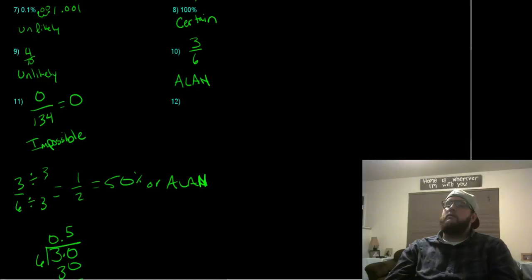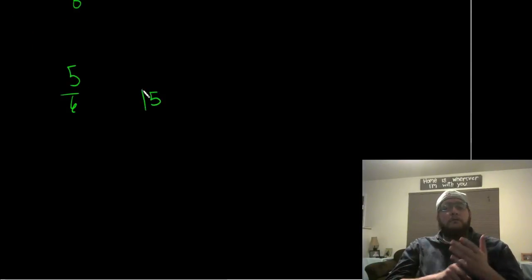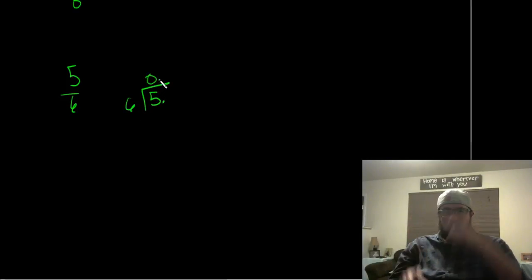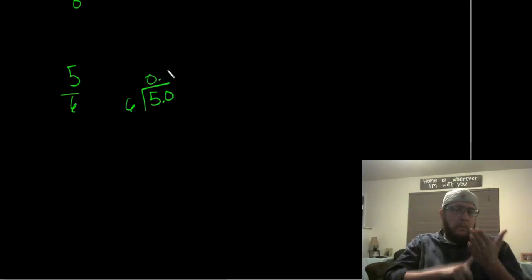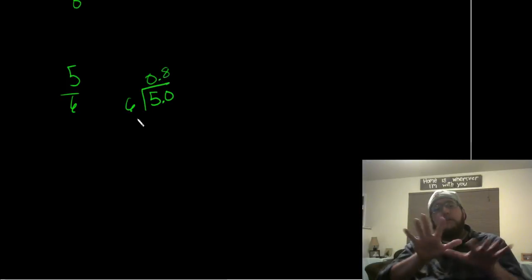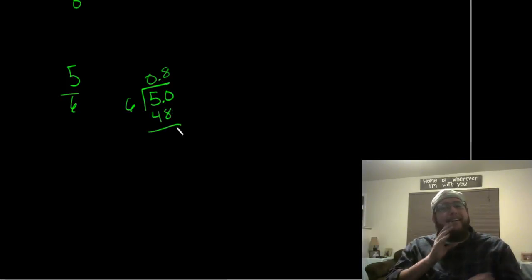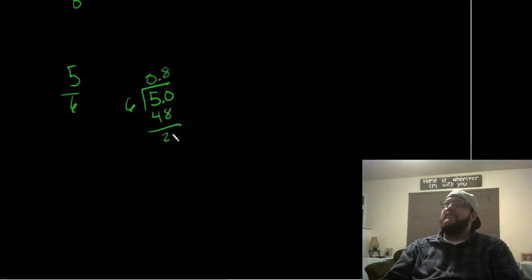And 12 says 5/6. So again, we can divide this out. 6 does not go into 5. So we add a decimal. 6 goes into 50 8 times. 8 times 6 is 48. 2. We add another 0 and bring it down. 6 goes into 20 3 times, and this is going to repeat.